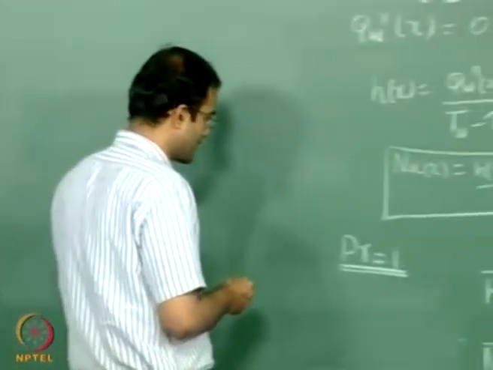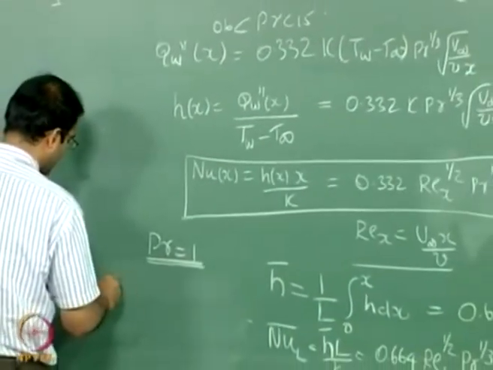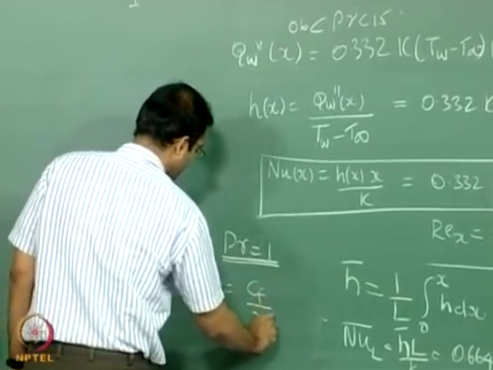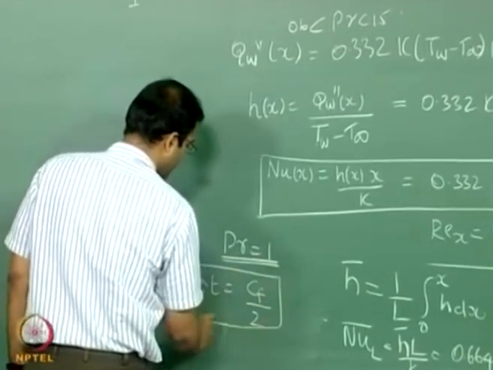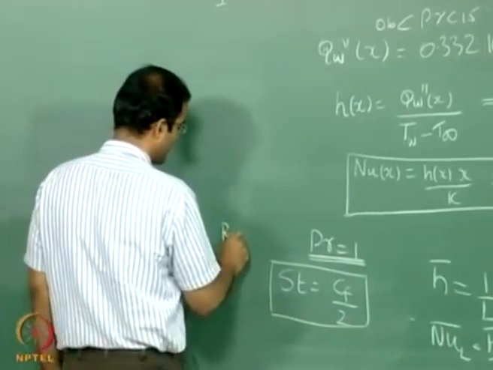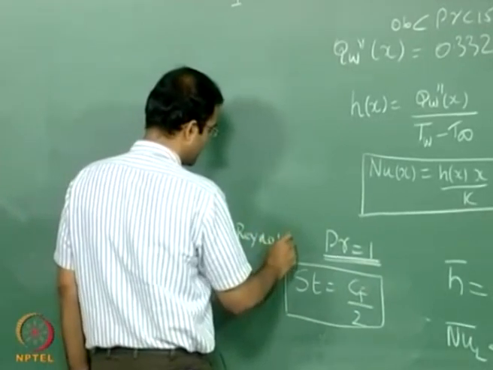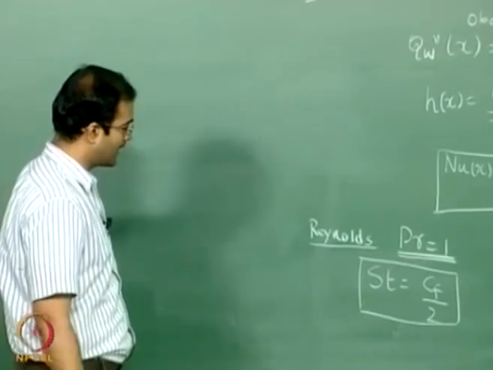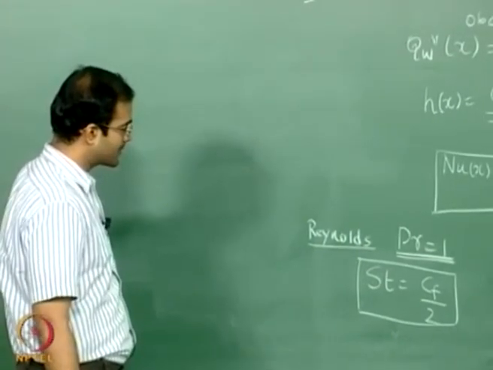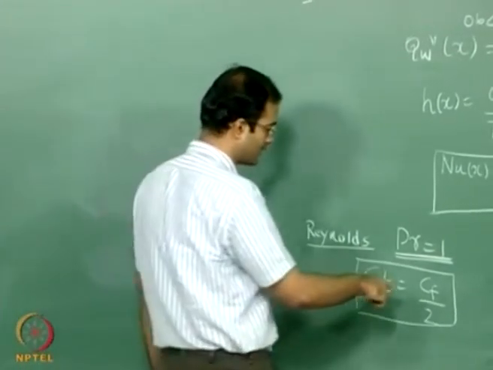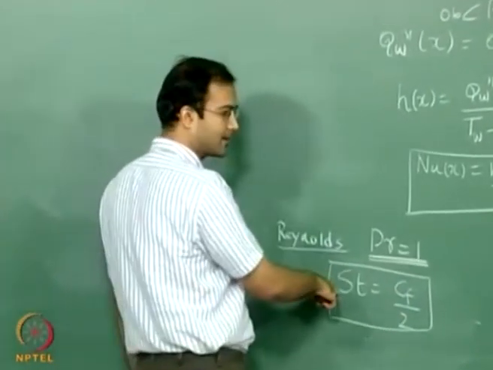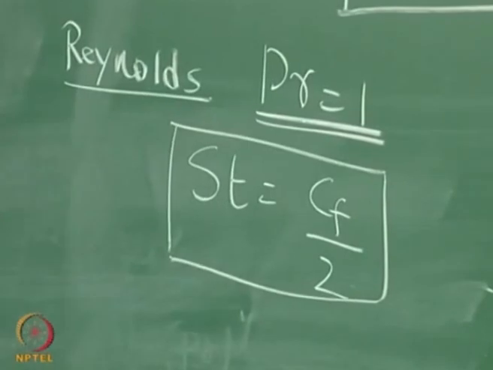It is expressed in terms of Stanton number being exactly Cf by 2. This was called the Reynolds analogy because it was discovered by Osborne Reynolds, and this relationship is very useful because once you know the skin friction coefficient, you can directly calculate the corresponding Nusselt number also.